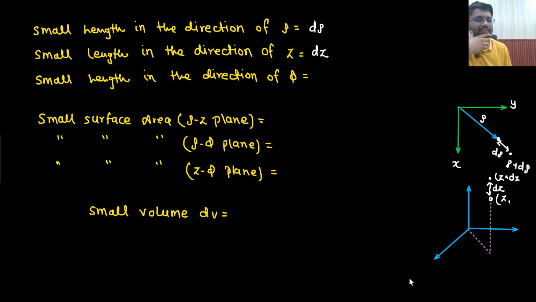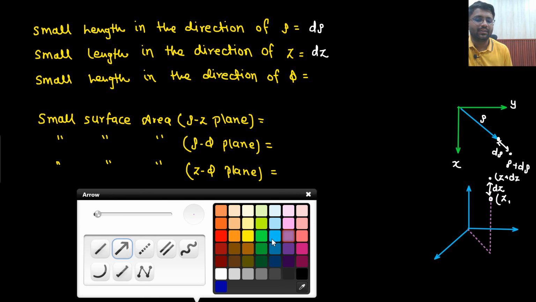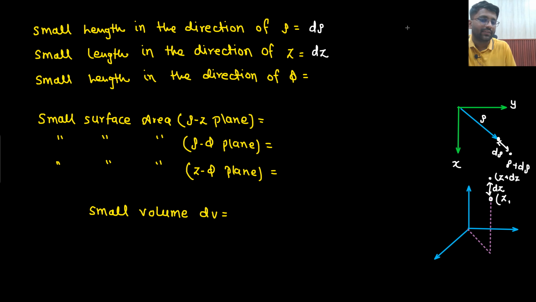Small distance in the direction of phi, what would that be? Write it down on your own and don't write it wrong. What will be the small length covered in the direction of phi? Don't mess it up. First make the angle phi. In the xy plane, you had the angle phi, right? This is your y, this is your x.